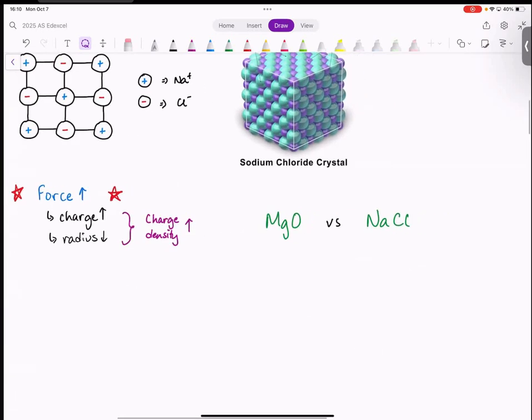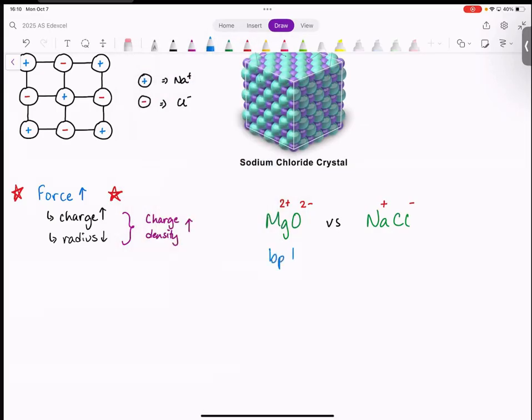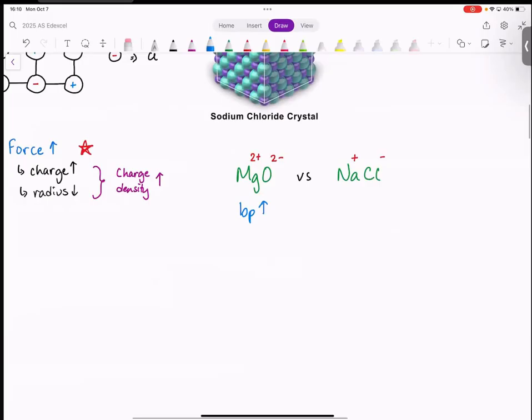Because all forces in chemistry that we talk about in high school are just electrostatic forces. So in O-levels, you would have told me the ions have a greater charge. Now you add one more point to that. This one has a higher boiling point, the MgO. And then when they ask you, the charges of both ions are higher.